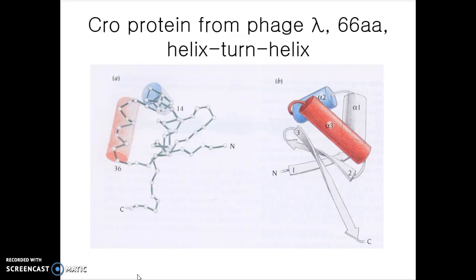We are looking at the Cro protein from phage lambda, small in size, 66 residues. In A, the alpha carbon trace, using only alpha carbons. In B, the schematic diagram of the subunit structure, three alpha helices and three beta sheet strands. Helices 2 and 3 form the helix-turn-helix motif responsible for DNA binding.